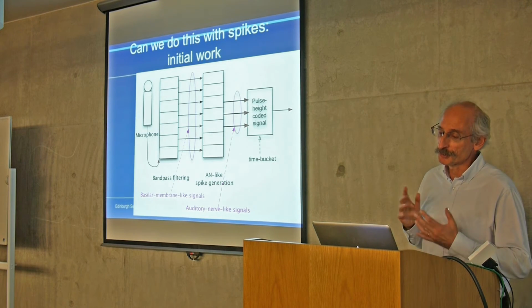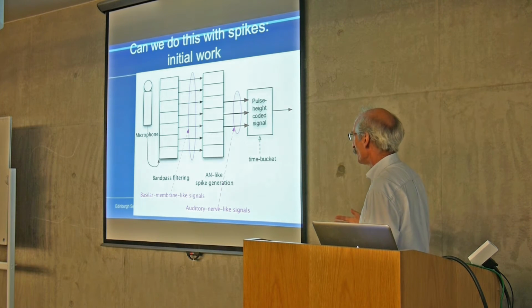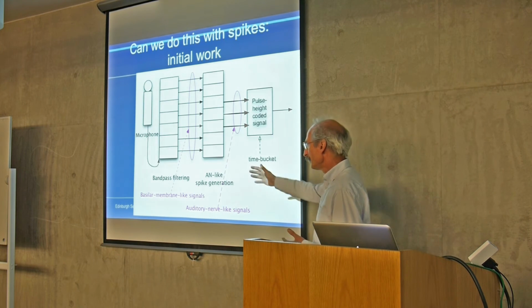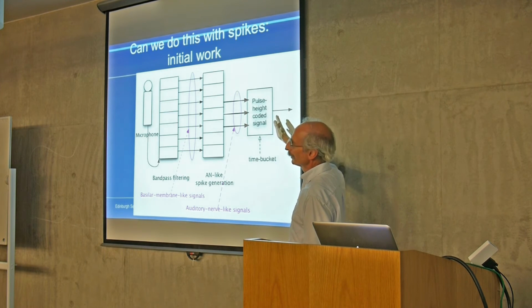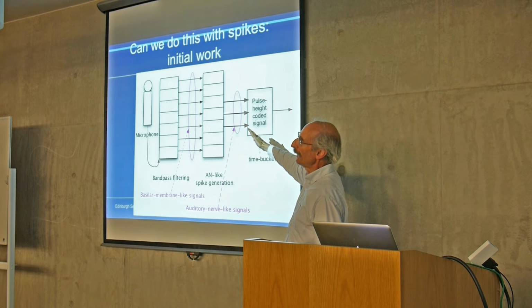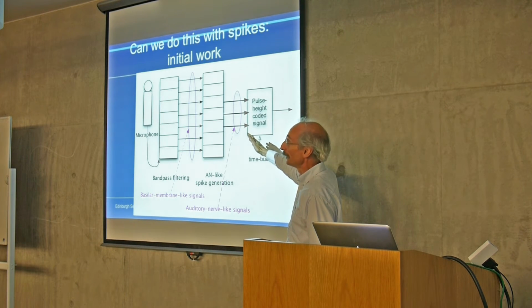So one thing I'm interested in just now is, can we do this with a spike-based representation? So I'm taking the spike-based signals, and recoding them, because if I deal with them at the frequencies they come in at, it's too difficult, too slow.